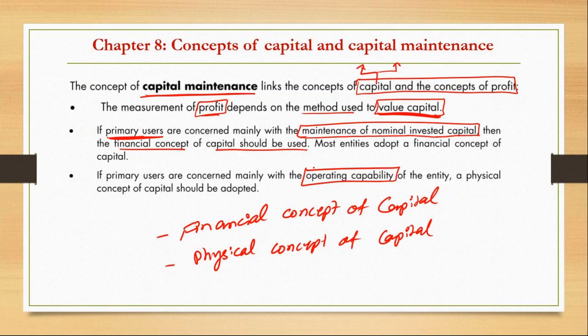So the examiner can ask us what is the difference between financial concept of capital and physical concept of capital. And along with the case, they can say, in case of this example, can you tell what type of capital are we focusing on? So we have to read the question and see whether the shareholders want profits or the capabilities. Based on that, we are going to tell what type of capital concept they are following.